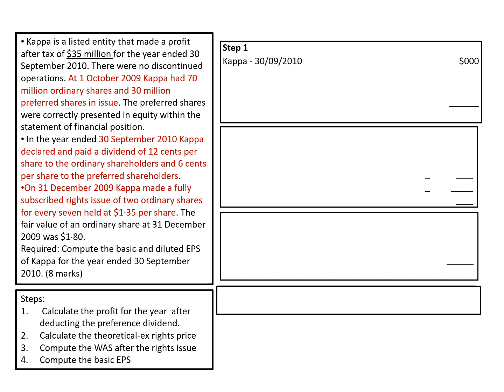So first, step 1, the profit for the year, we're given as 35 million, which I have underlined on the text.